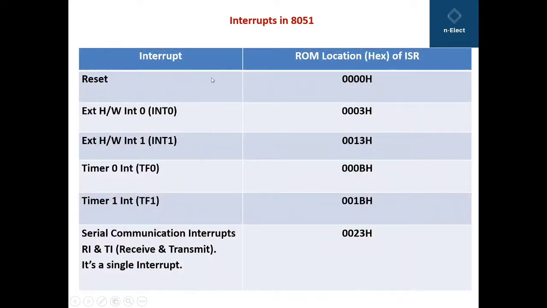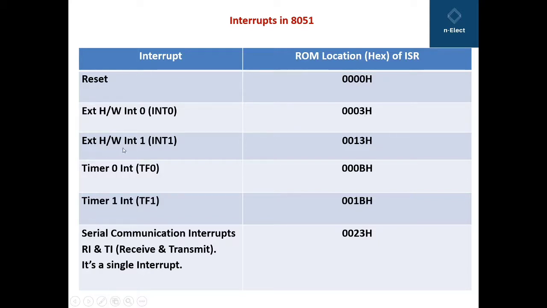Now here we can see the different interrupts available in case of 8051 microcontroller and their ROM locations of ISR, that is interrupt service routine. So for reset, the ROM location is 0000H. For external hardware interrupt 0, it is 0003H.